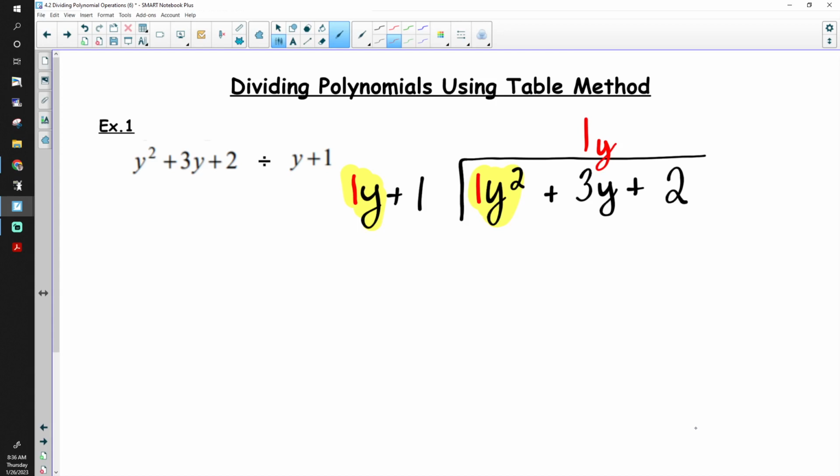If we multiply, because remember now we got to multiply and rewrite it underneath, we want this first term to go away. Okay, so after we have found what goes on top, we picked this term because it's going to make this 1y a 1y squared, and when I subtract, it'll cancel out. Okay, so my next step is to multiply. What is 1y times 1y? 1y squared.